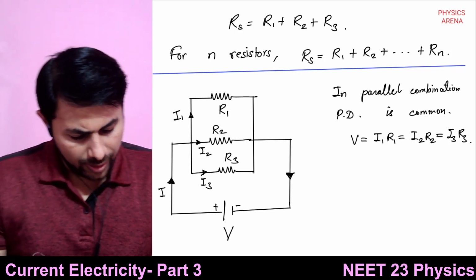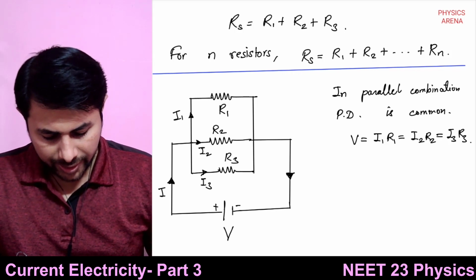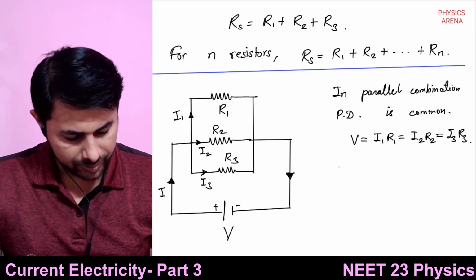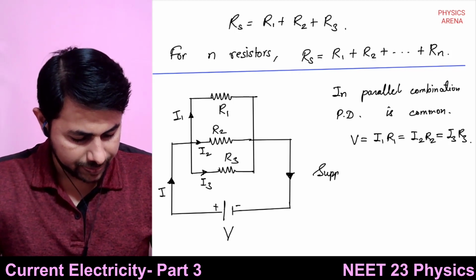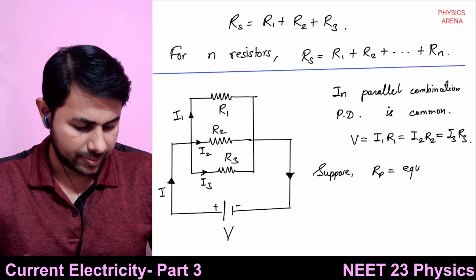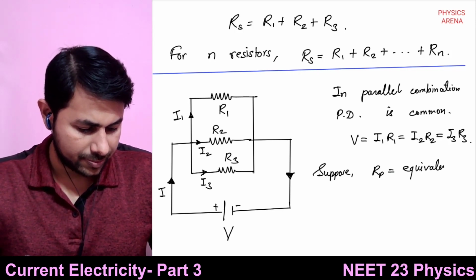Suppose Rp is the equivalent resistance for this parallel combination.